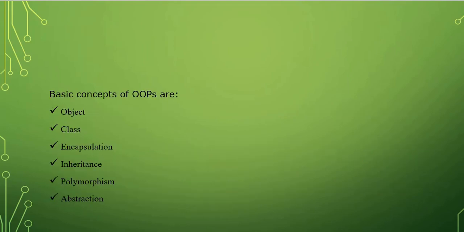So we have the 6 rules. Okay. So if we want to implement OOPS in our program or project means we can use these concepts. Okay. Object, class, encapsulation, inheritance, polymorphism, abstraction. We will discuss later in detail. Okay. So this is also one of the features.